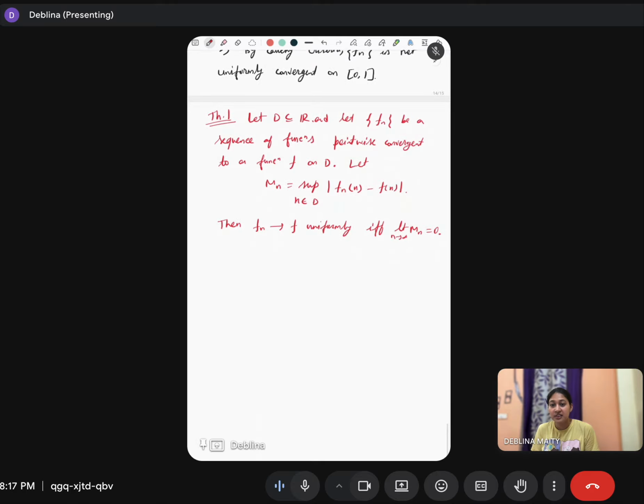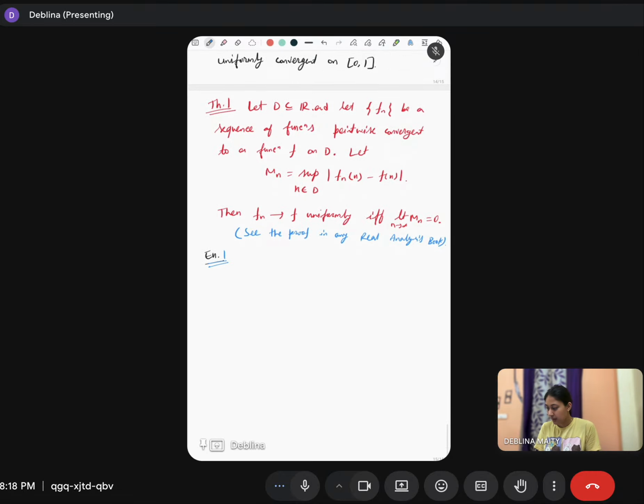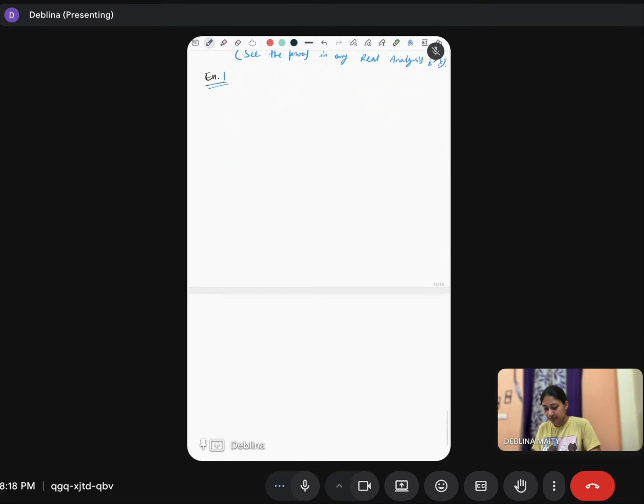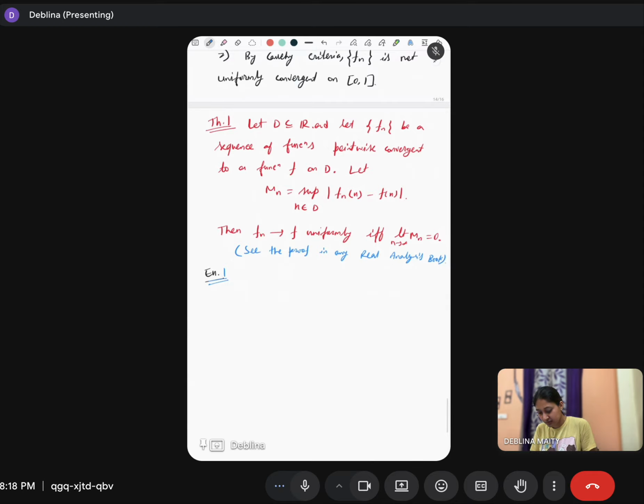Okay. Now we will use this theorem to prove some problems. This is a very important theorem.